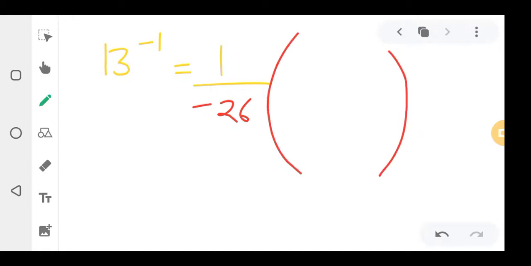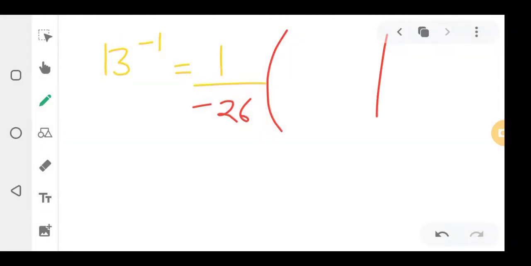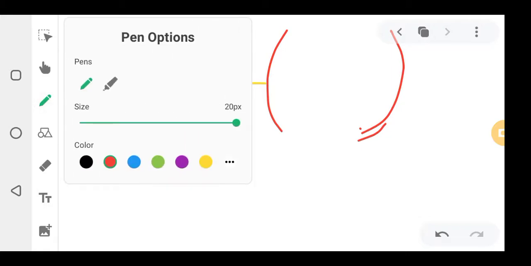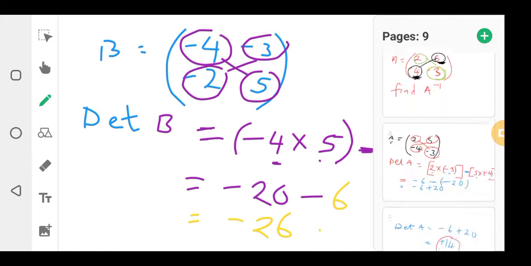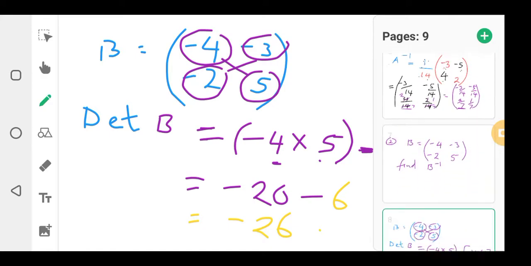Then I go to the original matrix. That's what I said last time. The original matrix is the one that is in the question.